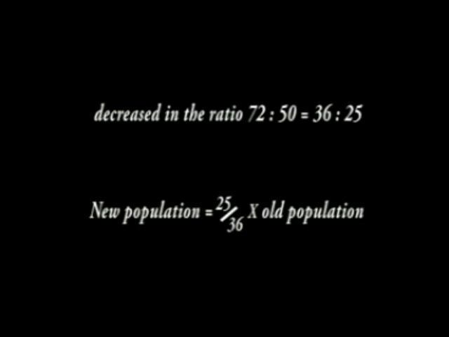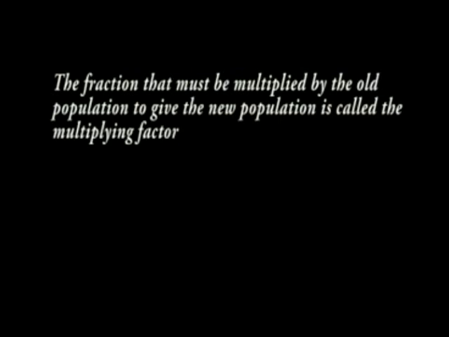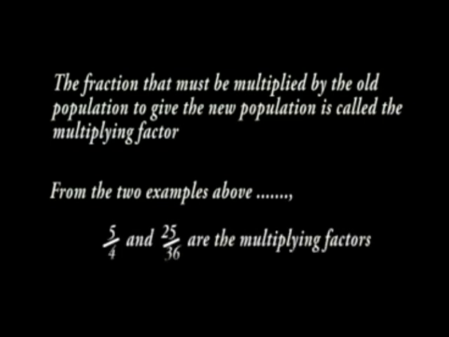The fraction that must be multiplied by old population to give the new population is called the multiplying factor. In our case, 5 over 4 and 25 over 36 are the multiplying factors.